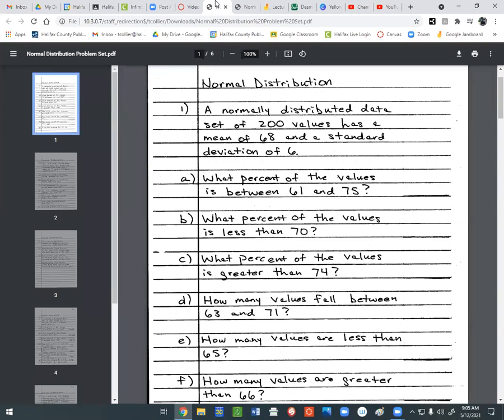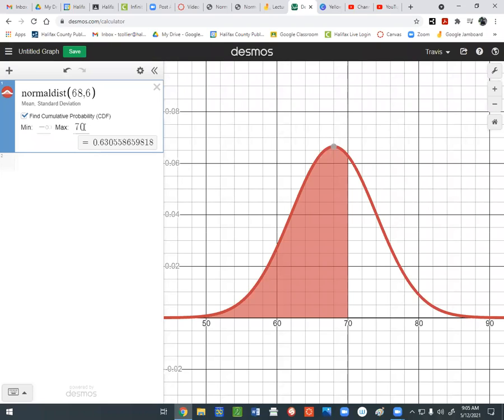Okay, the next question is going to ask, what percentage of the values is greater than 74? So greater than 74. What that means is 74 is going to be my lower limit. So going back here, I'm going to get rid of my maximum, and I'm going to let 74 be my minimum.